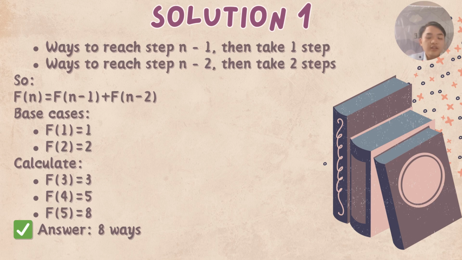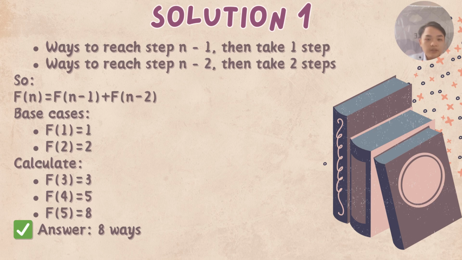So now let us see the first solution, which is the mathematical sentence. If we want to take 1 step, the ways to reach the step is n-1, and if we want to take 2 steps, the ways to reach the step is n-2. Based on this assumption, we can form an equation: f(n) equals f(n-1) plus f(n-2).